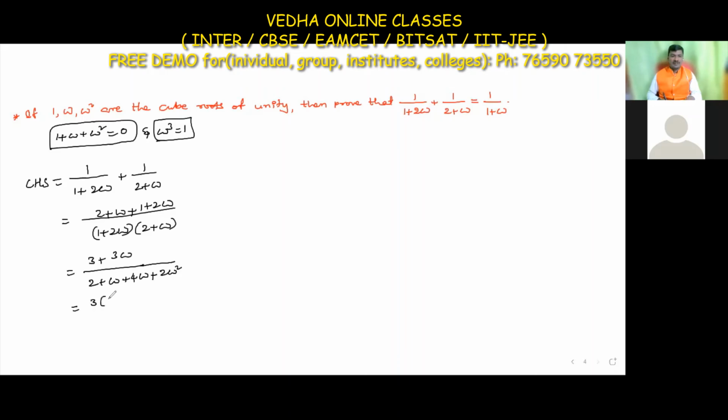So take 3 common, 1 plus omega, whole divided by 2 and 4 omega plus omega is 5 omega. In this 5 omega, I am writing this as 2 omega separately.